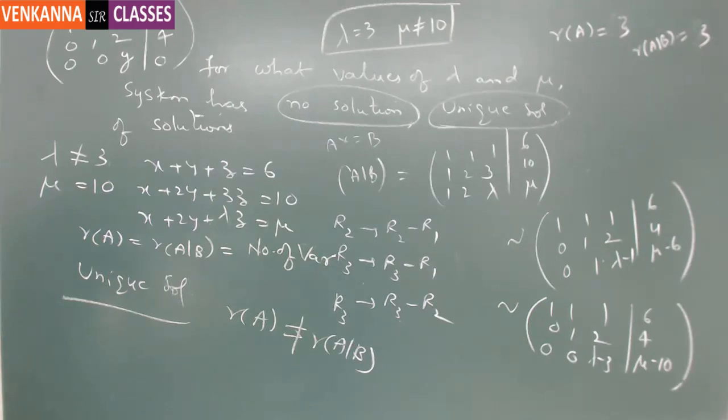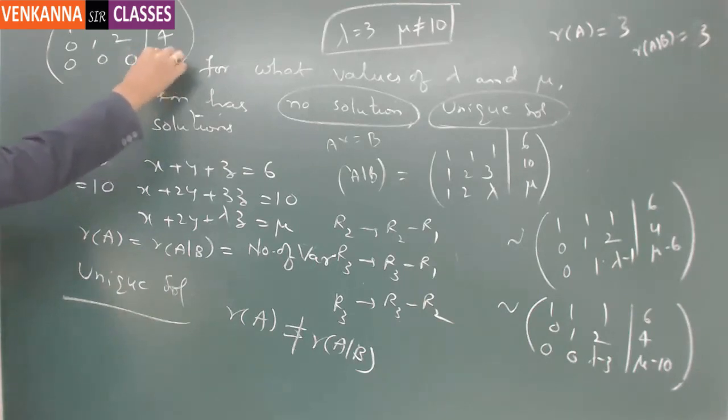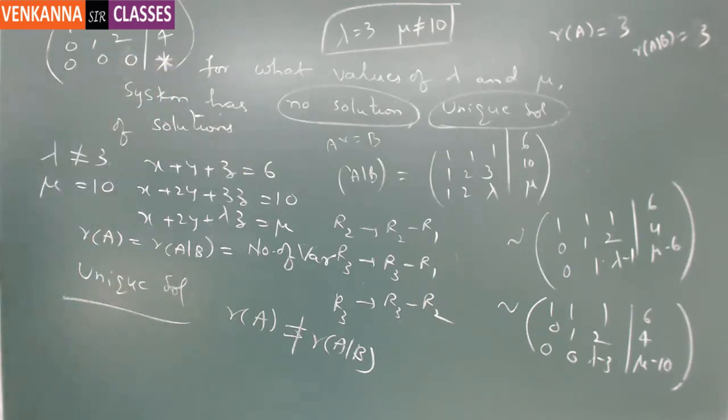So if you want to say that it always has no solution, the fundamental thing is this part must be completely 0. Here you should get a non-zero entry. Okay? Then only rank of A and A by B will be unequal. It will be inconsistent. Any questions to anyone?